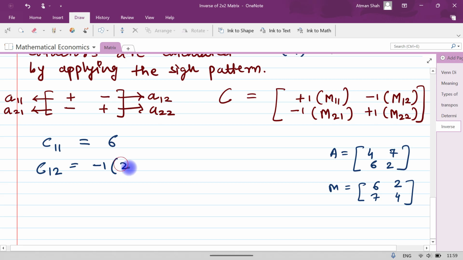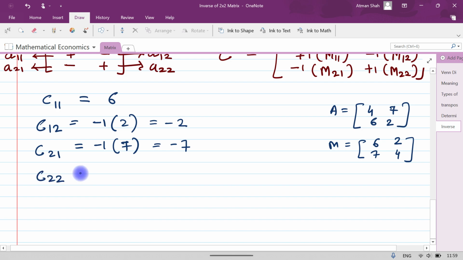M12 is 2, so therefore it is minus 2. Then C21 is again minus sign, so minus 1 into M21. M21 is 7, so it is minus 7. And last is C22. C22 is plus 1 into M22. M22 is 4, so therefore it is equal to 4. So now the cofactor matrix is 6, minus 2, minus 7, 4.